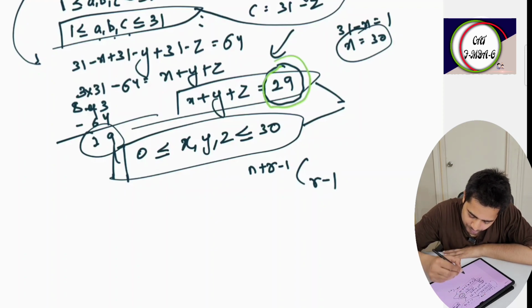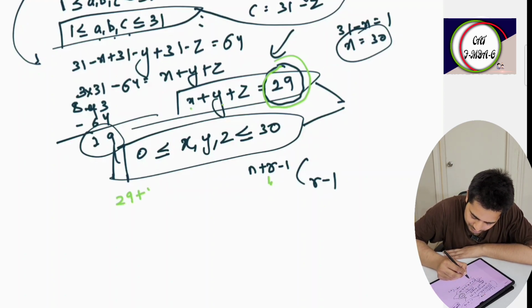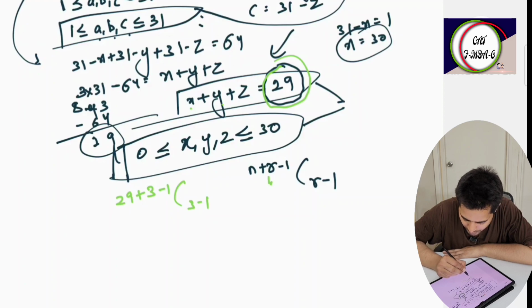N is 29. R is equal to 3 because X, Y, Z, 3 variables are there. So 29 plus 3 minus 1 C 3 minus 1. So it is 29 plus 2, so 31 C 2.